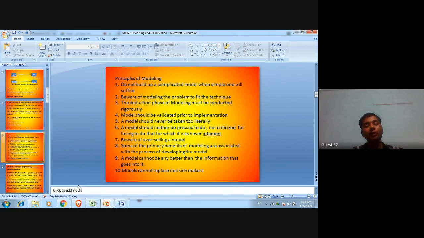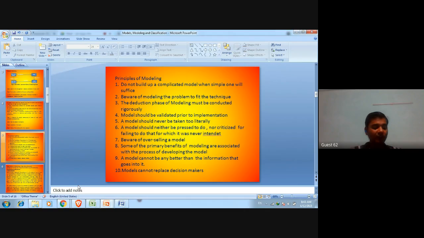It means your model has to be simple, because if you have to convince anyone, the person who is applying this should be able to understand it. So the model should be as simple as you can keep it. Never try to keep your model complicated.